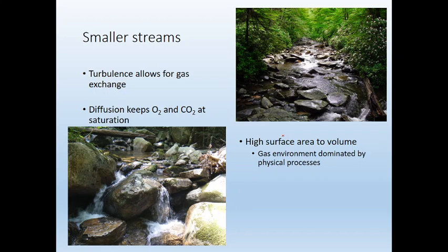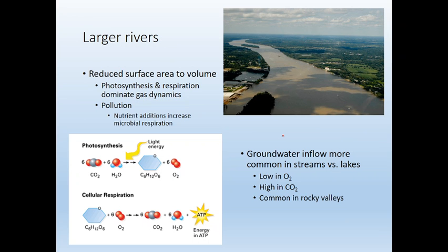So in the smaller streams, diffusion keeps oxygen at its saturation point, CO2 at its saturation point. So streams are very rarely limited by oxygen, okay? What determines how much oxygen you have in a small stream is pretty much the physical processes, that being temperature and whether it's mixed up or not.